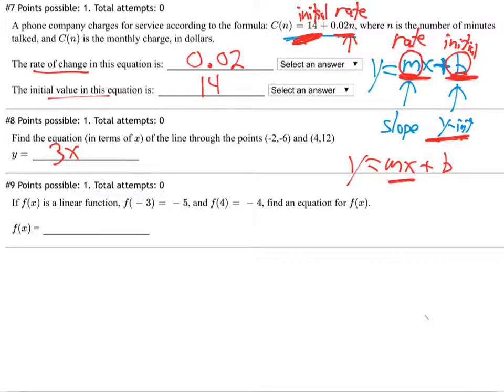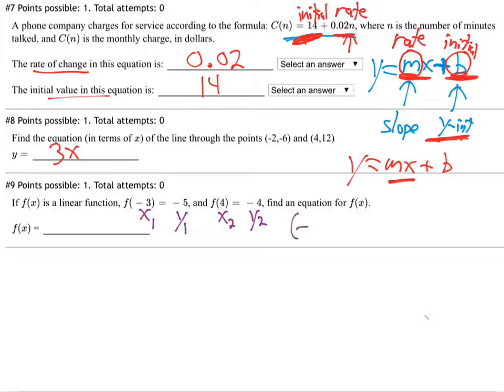See what they're saying here. This has got to be the x. Because remember, whatever's in the parentheses of a function is always x. So that means this is x, and this is y. No, this is x1, y1. And this is x2, and this is y2.